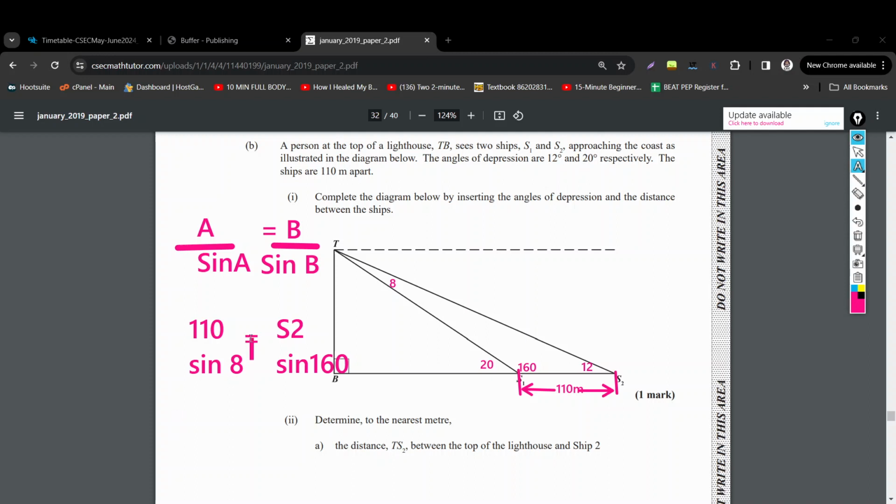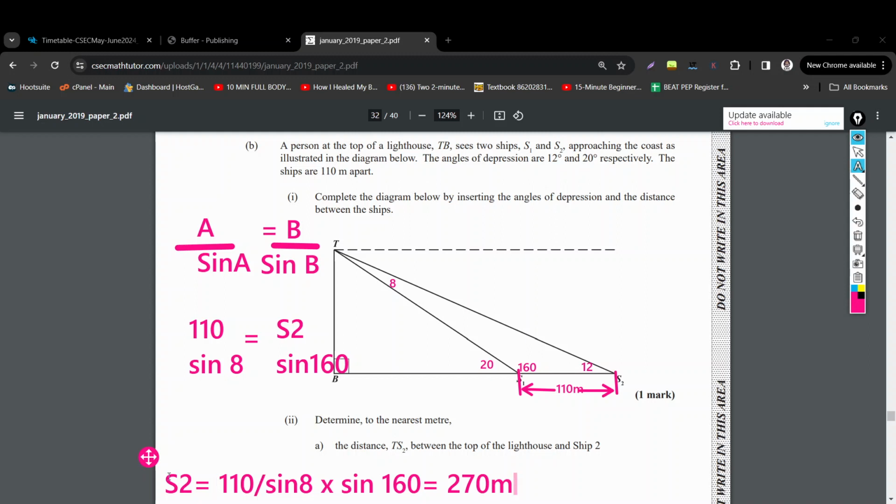So we're going to end up getting S2 is equal to 110 divided by sine A multiplied by sine 160, and this is going to give us 270 meters, right? Yep, 270 meters. So that's the answer.